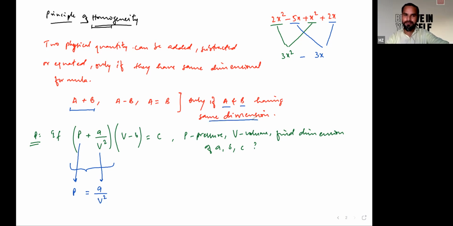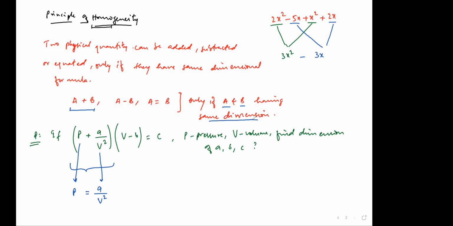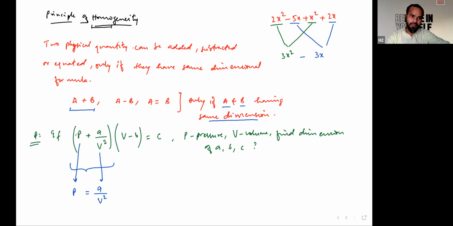Is it clear? Yes, sir. So on the basis of this, if P and A over V squared are related by a plus sign, their dimensions would be equal. So the dimension formula of pressure and of A over V squared must be equal. We all know the dimension formula of pressure and of volume. Just put them in and simplify for A.